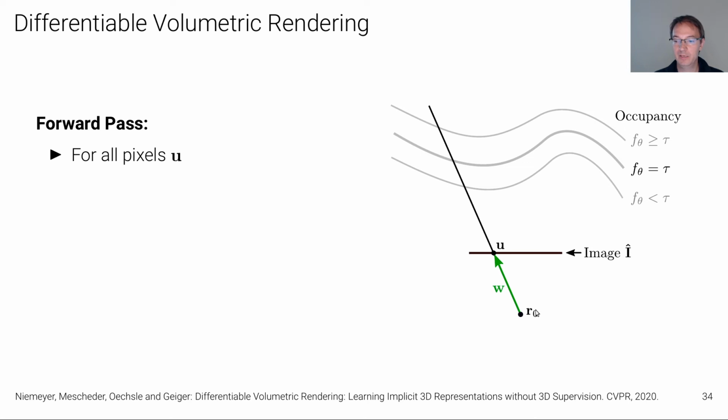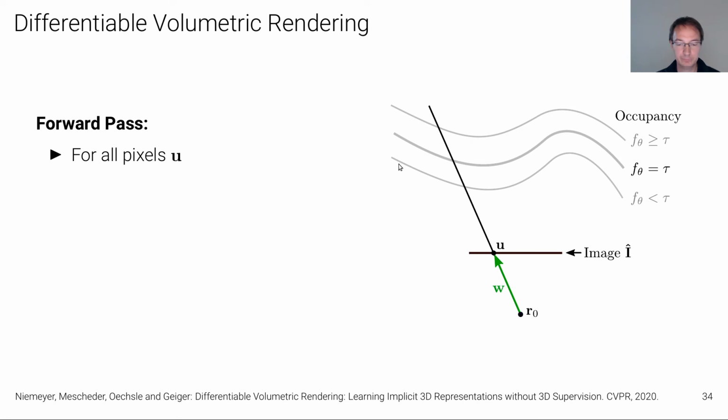We have an image plane, we have a camera center, we have a ray that's defined by the pixel that's oriented in direction W. And then here in 3D, we have represented the occupancy network by these 3 curves here, where the middle curve corresponds to the surface. This is where f theta equals tau. This is the decision boundary of the classifier f. And here we have, for instance, points that are behind the surface and points that are in front of the surface.